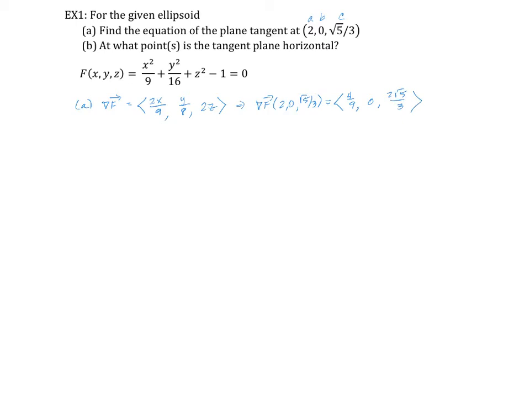So this gradient vector is normal to my tangent plane at the point 2, 0, square root of 5 over 3. Now all I have to do is plug this into the equation for my tangent plane.